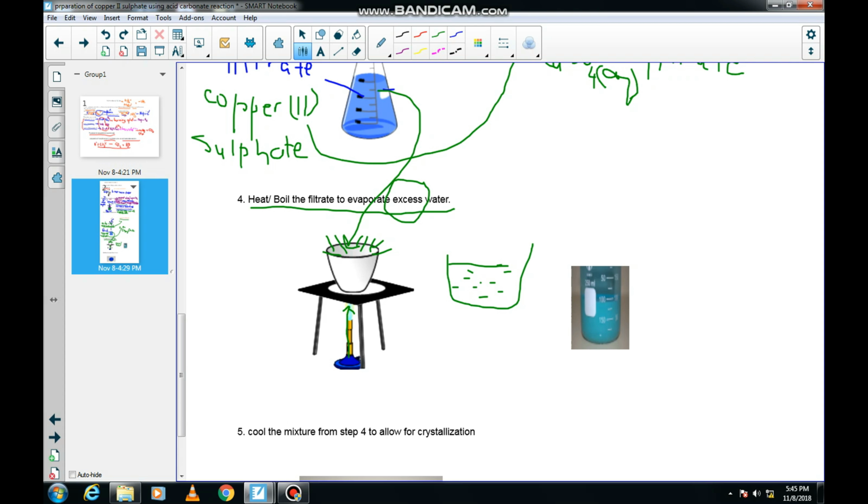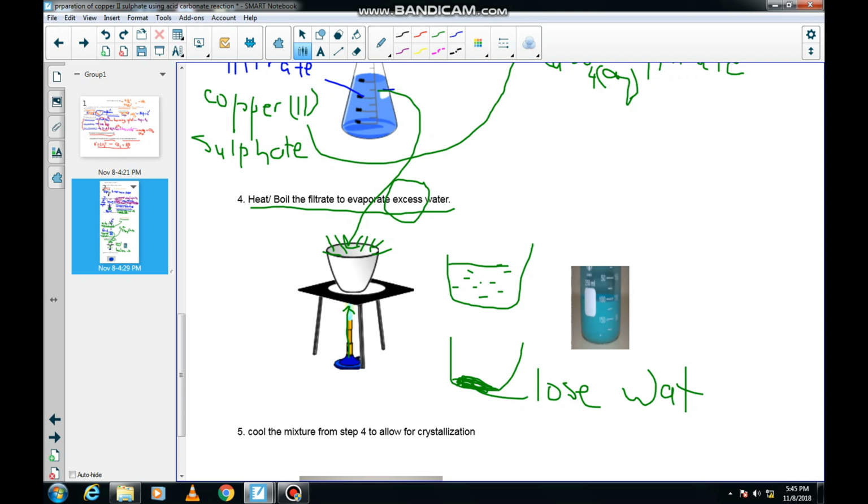If you were to heat until all of the water evaporates and you remain with only the crystals, this solid will be decomposed by the heat and your crystals will lose the water of crystallization.